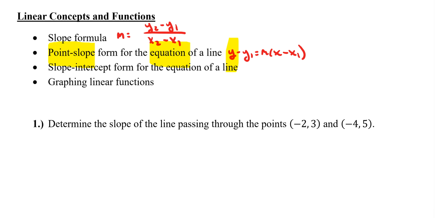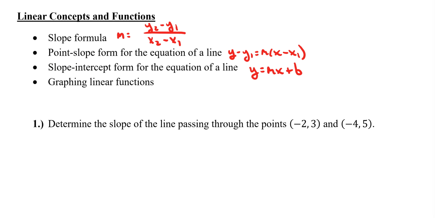M represents the slope. Slope intercept form, this is another equation of a line. If you essentially solved the one above for y, you would get y equals mx plus b. B is the y-intercept, m is the slope. And then usually slope-intercept form is going to be the best format when we're graphing linear functions.